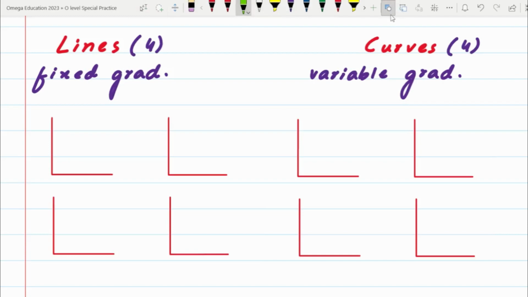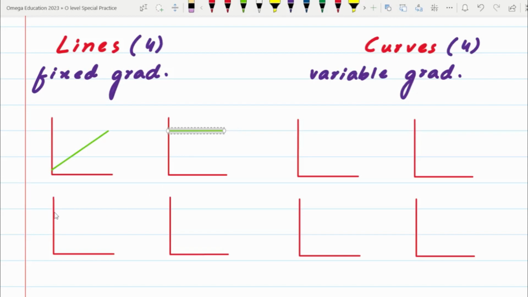So what is the first one? The first one can be a line like this, which we call a straight line. The second one can be like this, which we call a horizontal line.